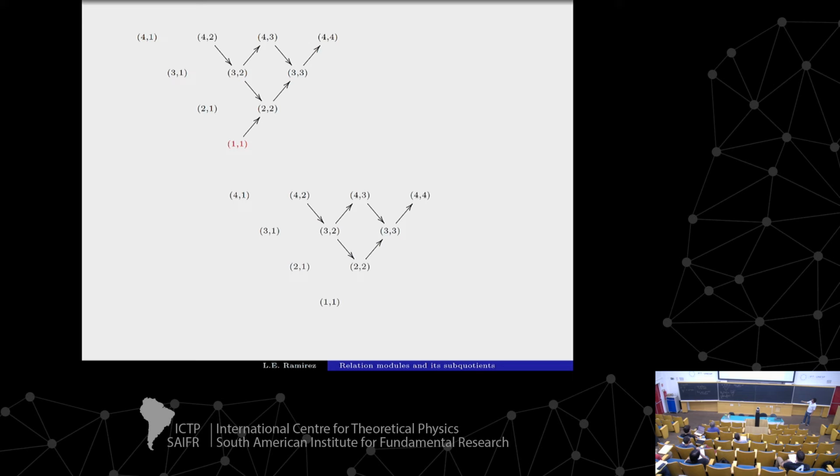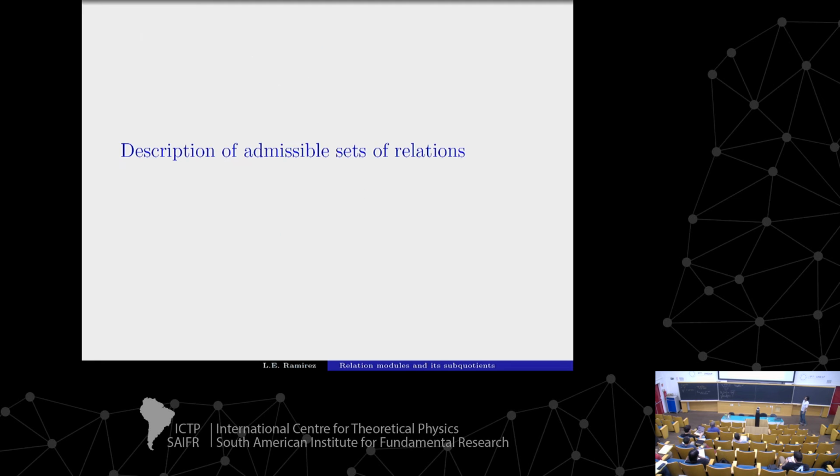And at the end, we can consider this, again minimal. You remove the relations and you obtain this nice set of relations. So after this chain of procedures, what we get at the end is an admissible set of relations. So you can actually construct this. Good.